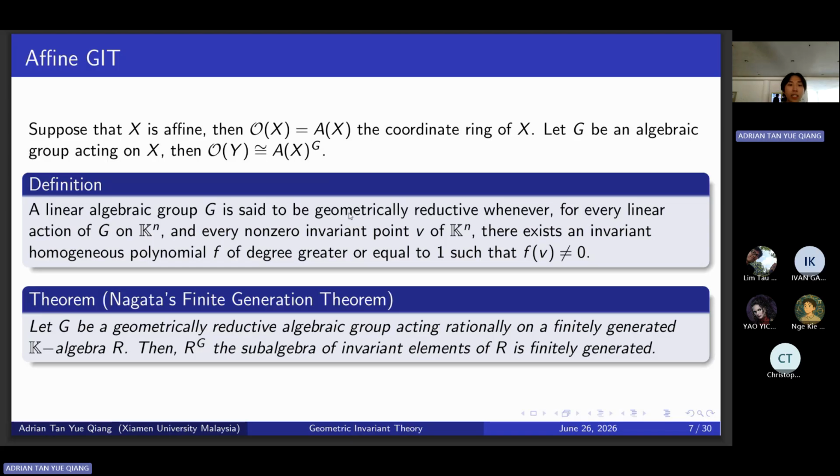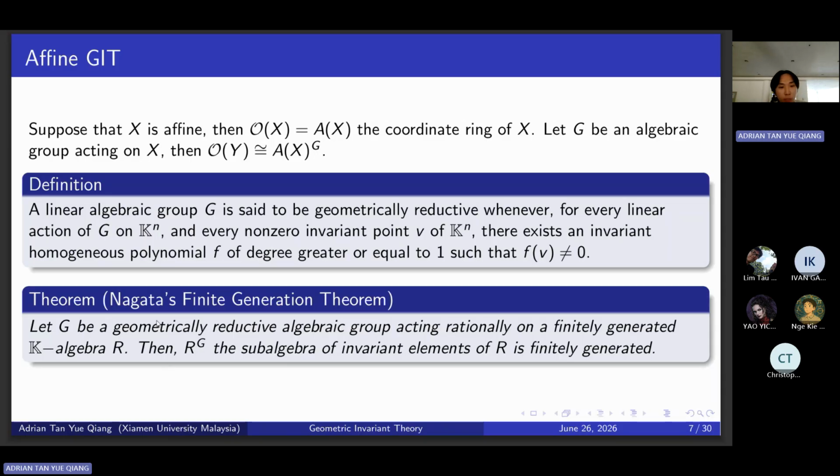A linear algebraic group is said to be geometrically reductive if there exists an invariant point and there exists an invariant homogeneous polynomial that is not constant, that does not equal 0. You will see later why this definition makes sense. Like now it doesn't make sense, but it makes sense later. And then we have this marvelous theorem, proven by Nagata.